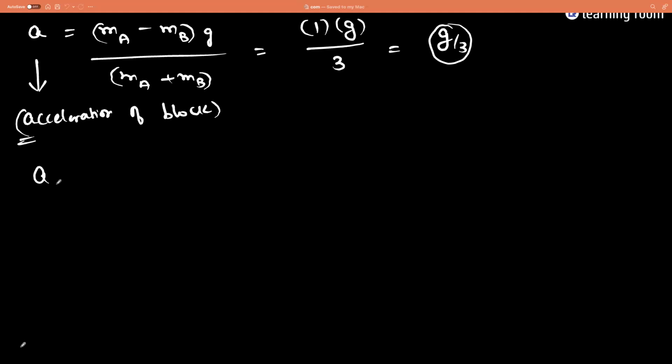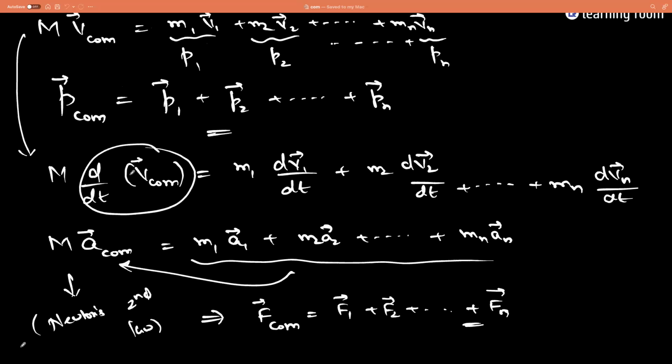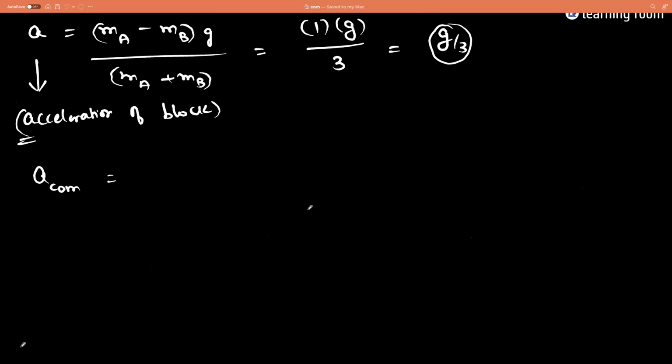When you talk about the acceleration of the center of mass, what did you get? When you saw the acceleration of center of mass, it came out to be the net force acting on the object divided by the total mass. So acceleration of center of mass is net force divided by the total mass.